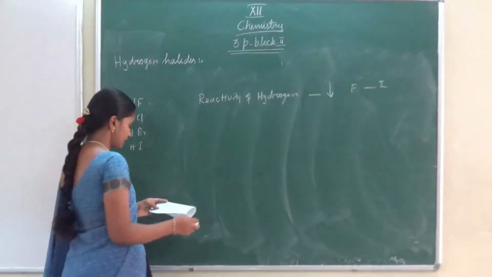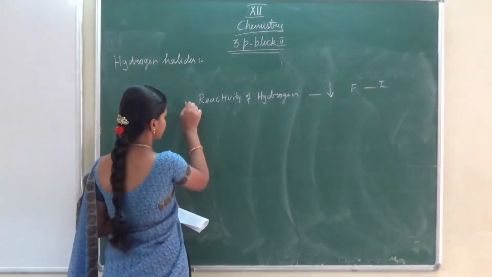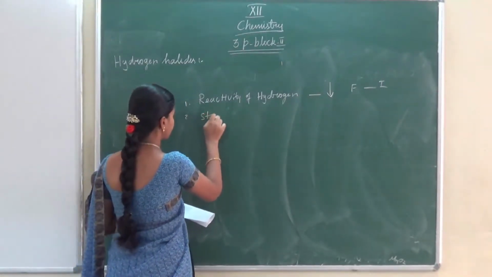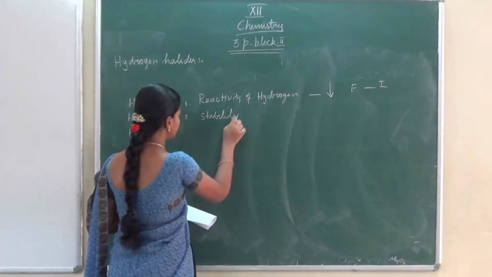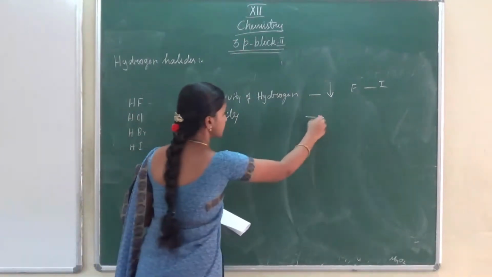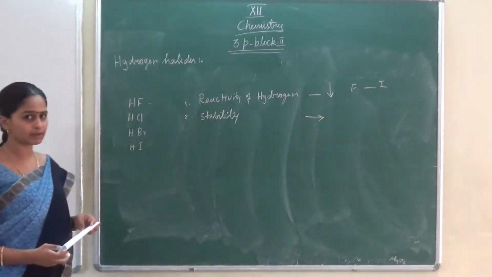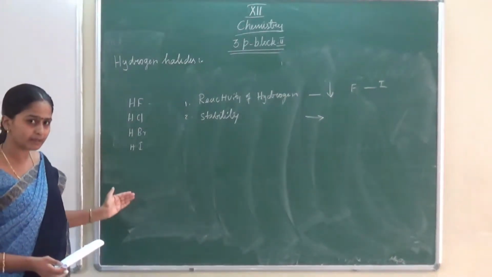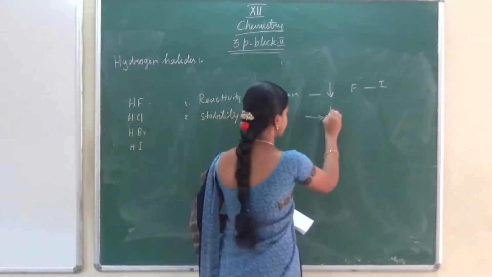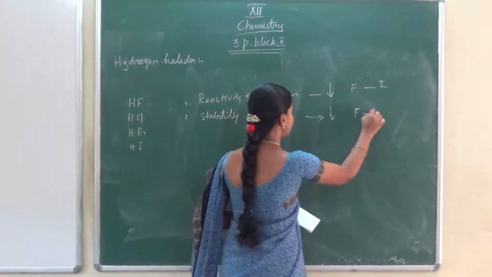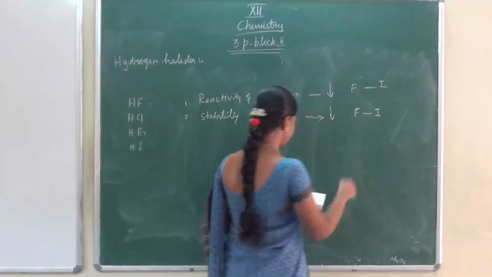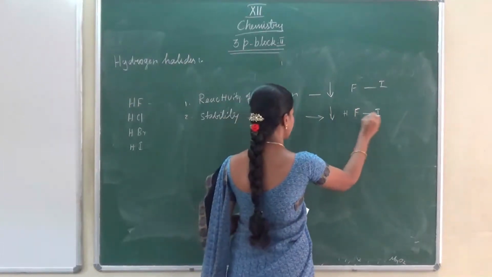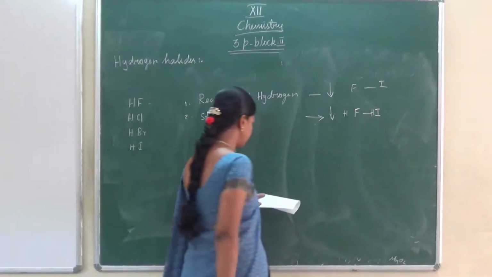The next one is stability. When you move down the group, the stability decreases. From HF to HI, the stability decreases.